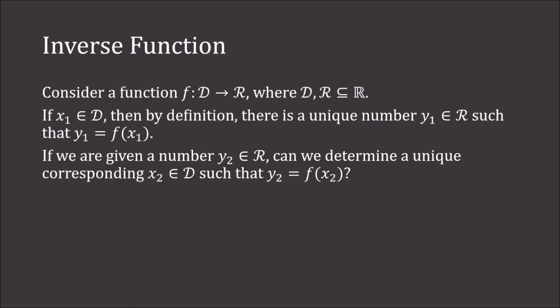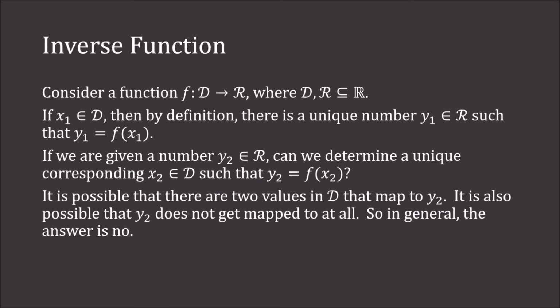If instead we're given a number y2 in R, can we determine a unique corresponding x2 in D such that y2 is equal to f of x2? Now it is possible that there are two values in D that map to y2. It is also possible that y2 does not get mapped to at all. So in general, the answer to this question is no.